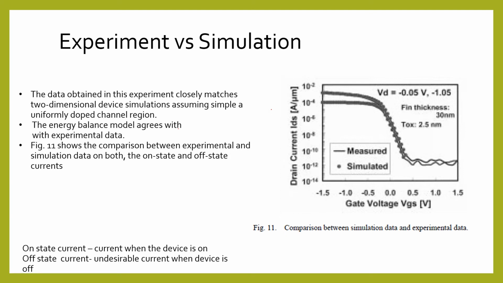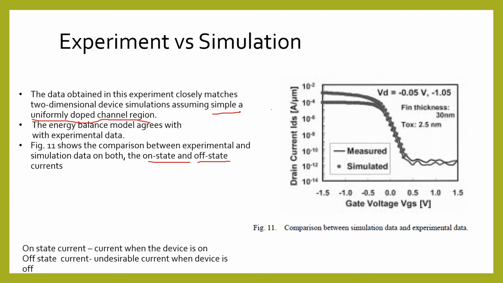After that, another experiment was conducted on this transistor to observe its behavior with changing gate-source voltage. The data obtained in this experiment closely matched two-dimensional device simulations, which even assumed a simple and uniformly doped channel region. Figure 11 shows a comparison between experimental and simulation data on both on-state and off-state current.